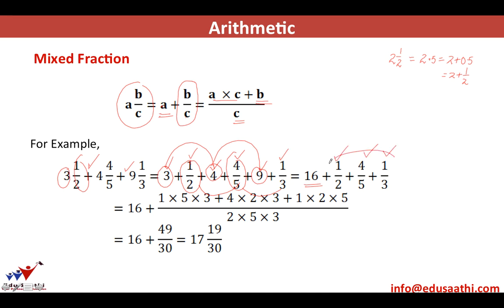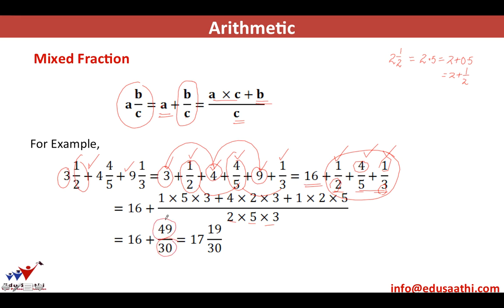Now for these three, I will take an LCM for 2, 5 and 3. So 2 into 5 into 3. So 2 is already gone. It will be 5 into 3, 4 into 2 into 3 and 1 into 2 into 5. So if I just work on the numerator part of it, it is coming out to be 49 divided by 30.